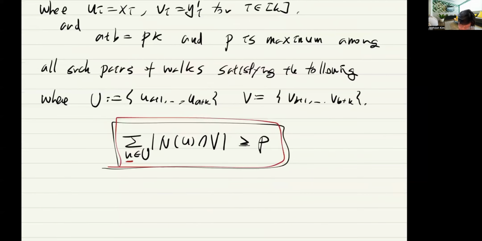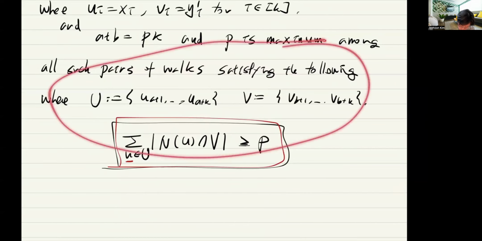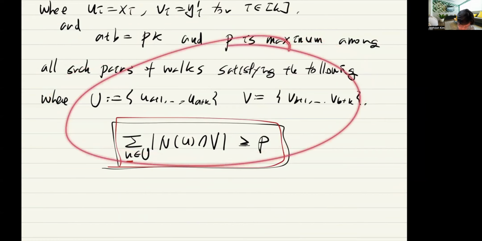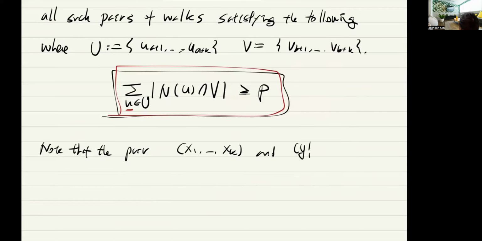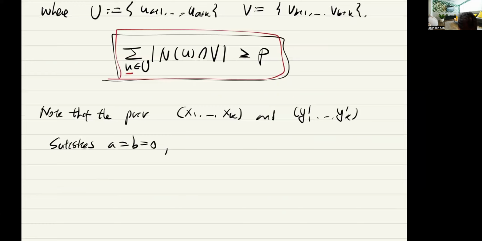In fact, this is not an empty set. The collection of all such pairs satisfying these is not an empty set because note that the pair x1 to xk and y prime 1 to y prime k satisfies, say, A equal B equal 0, thus P equals 0.